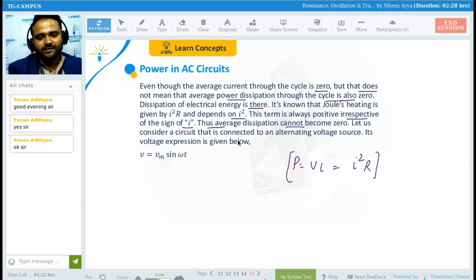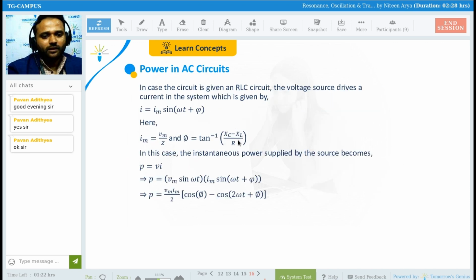Let us consider a circuit that is connected to an alternating voltage source. Its voltage expression is given below. So V equals Vm sin omega t, and I equals Im sin(omega t plus phi). Because we have an LCR circuit, in an LCR circuit the phi is going to play the crucial role.